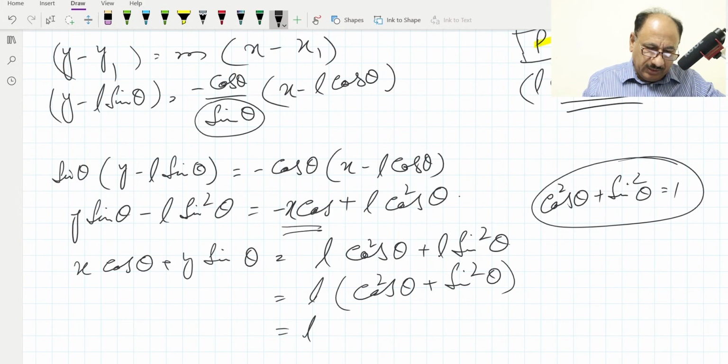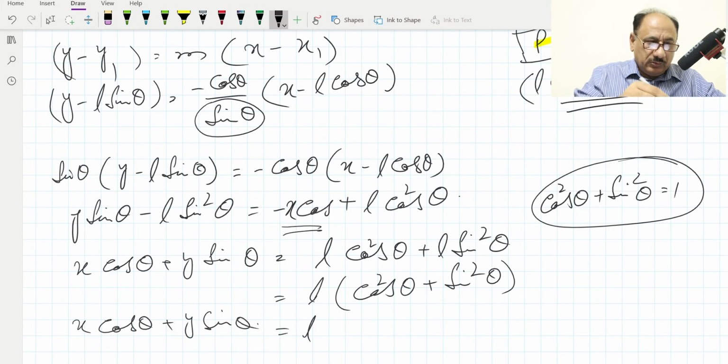L into 1 will be L, and this side will be x cos theta plus y sine theta. So this will be the equation of line.